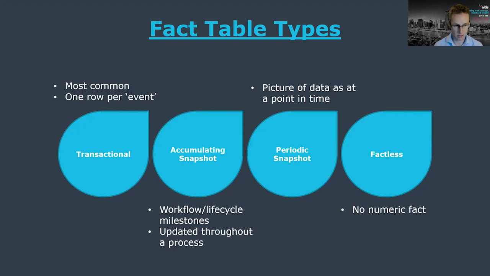However, it's not untypical to create a fact in a factless table, which is typically a hard-coded 1, just to simplify the counting across that. You could do distinct counts across it to come up with a metric yourself, but it's not uncommon to hard code a 1 in a factless fact table as well.